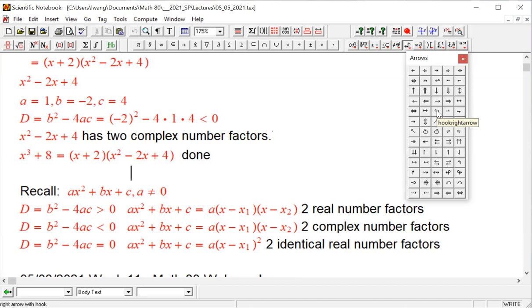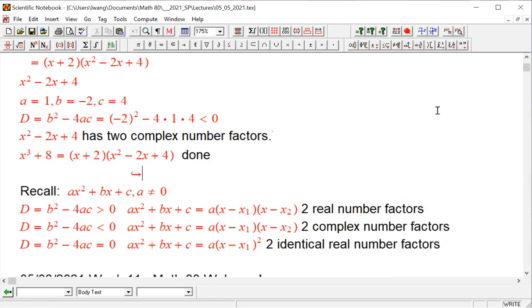Maybe this one. Is there a nicer symbol? Maybe this one, right? Quadratic irreducible.